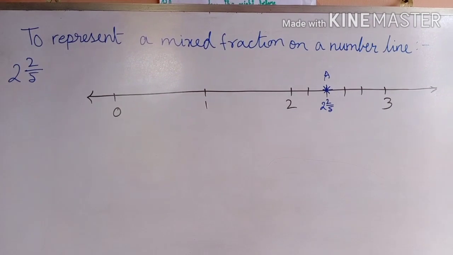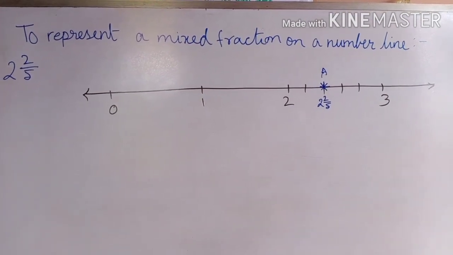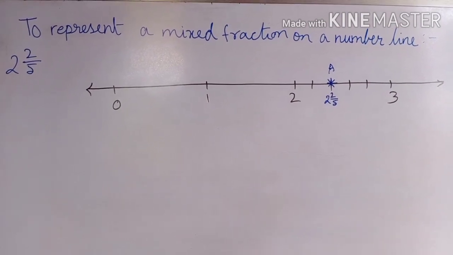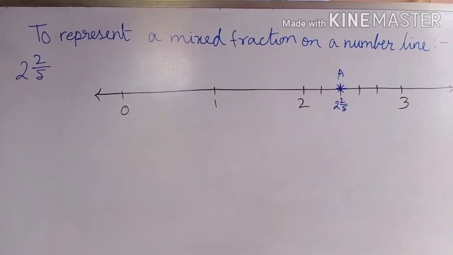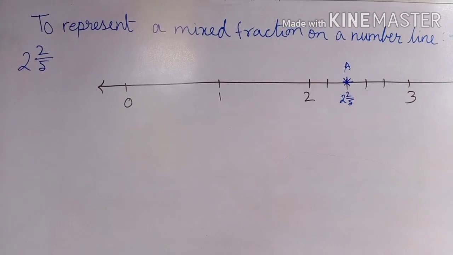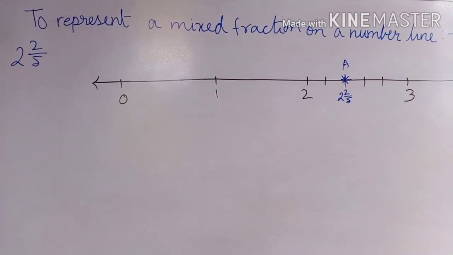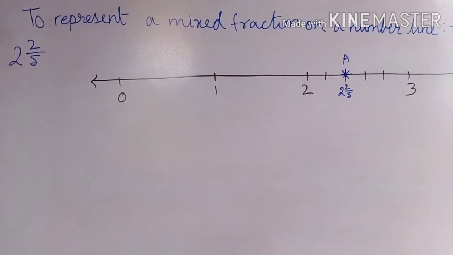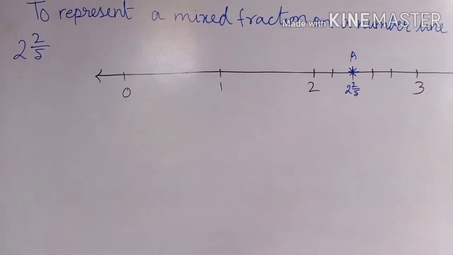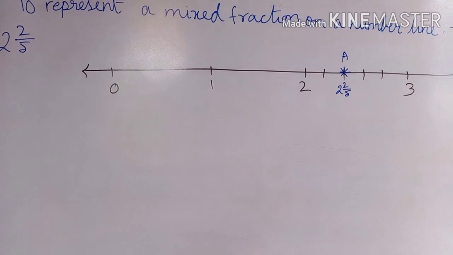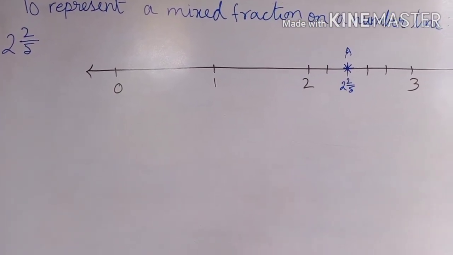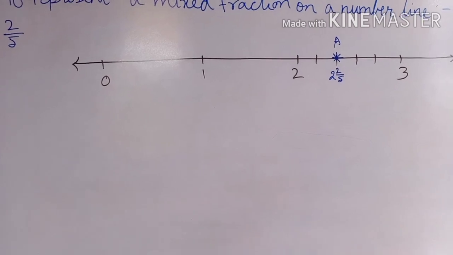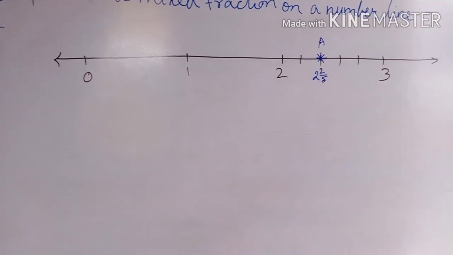Okay. Now we have learned how to represent fractions in a number line. Next we will learn how to represent a mixed fraction on a number line. So here our number is 2 2 by 5. See, 2 is a whole number. So of course 2 by 5 will be after 2, right? And one more thing, the fractional part 2 by 5 has the denominator 5. So the portion 2 to 3 will be divided into 5 equal parts, right?